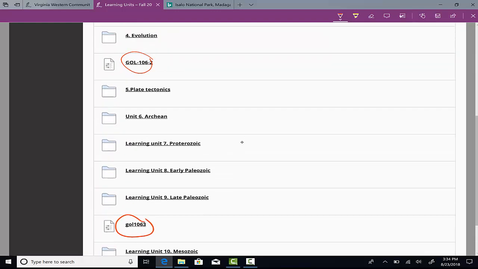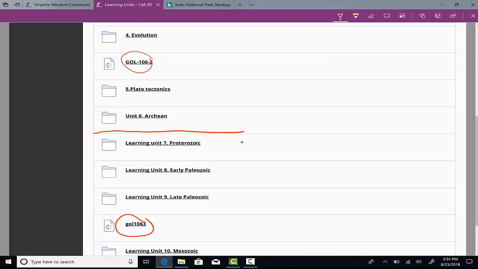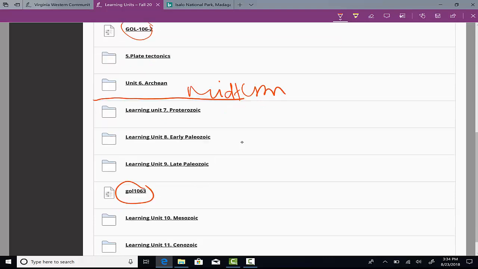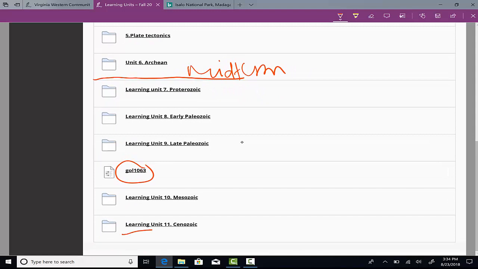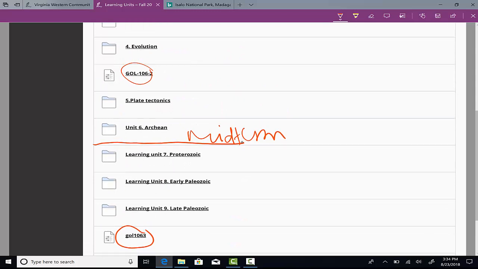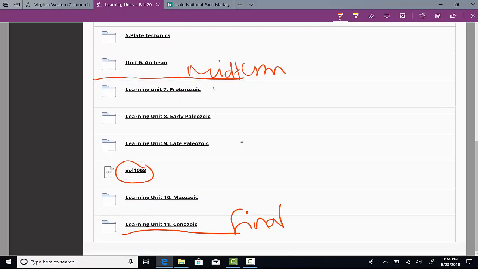And after the Archean, you got the midterm. And after the Cenozoic, you got the final. So on the midterm, you have all the chapters before the Archean, and on the final, you got everything from the midterm. I hope you understand this.